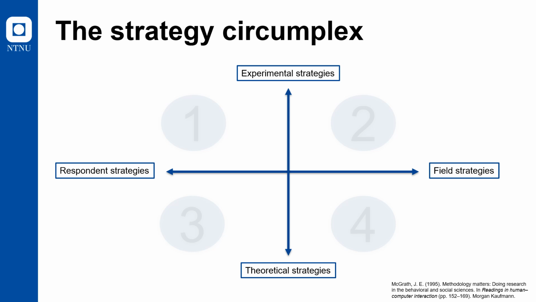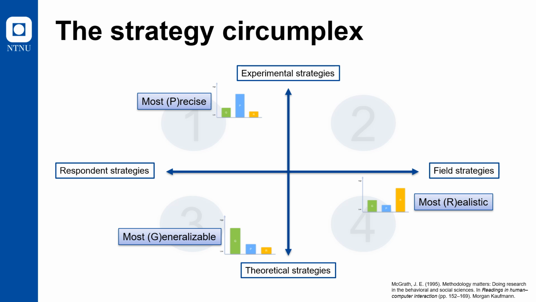We will now look at the strategy circumplex, which is a tool for selecting research strategies. The circumplex shows a 2-dimensional space where your research question and your strategy to answer the research question will be located. Along the horizontal line, we have field strategies to the right and respondent strategies to the left.